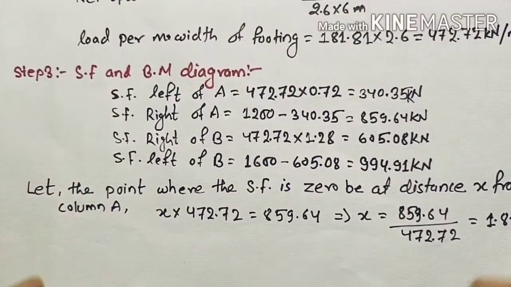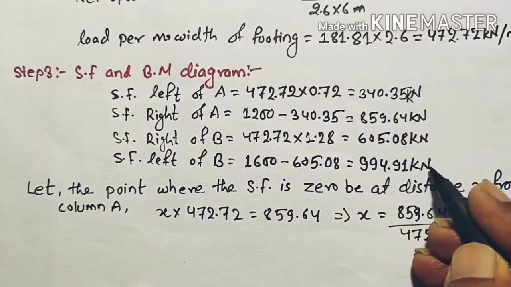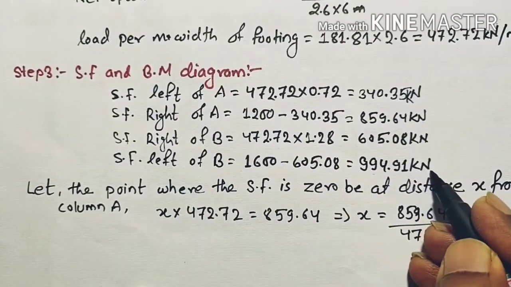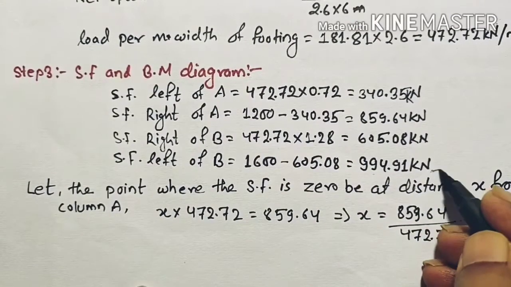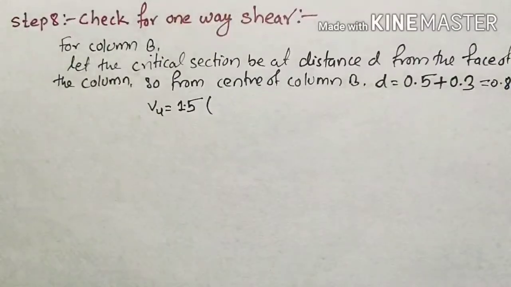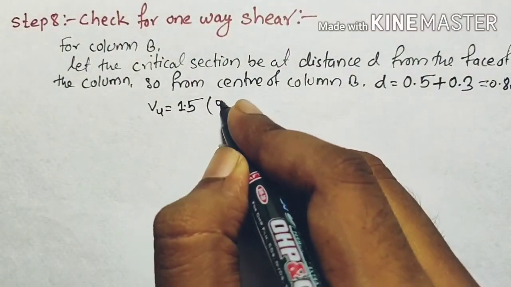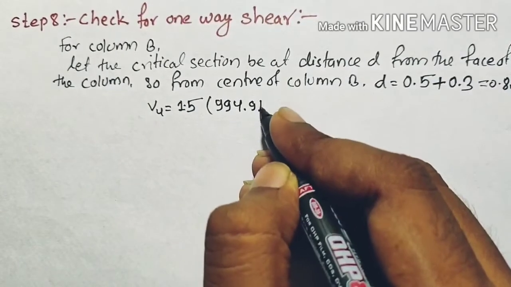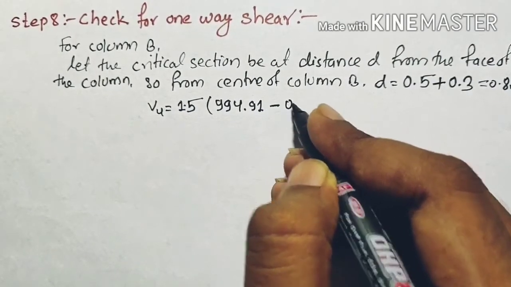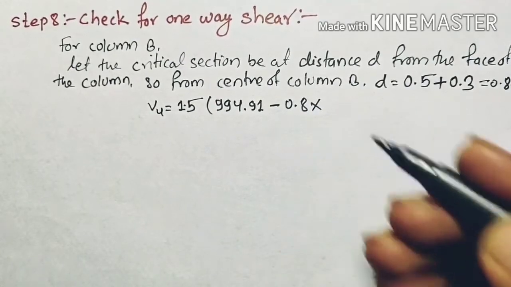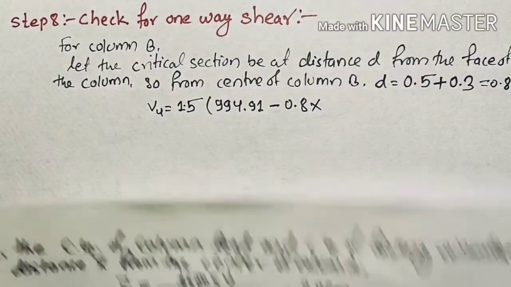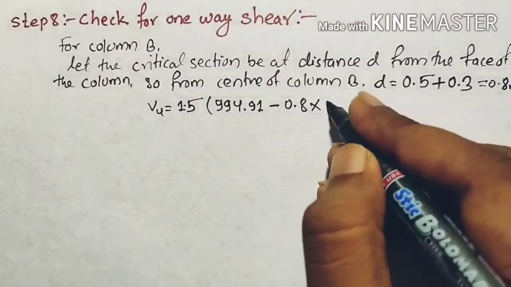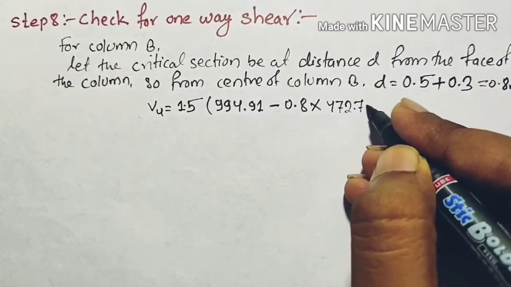Now Vu will be equal to 1.5 times. Here we have got that the shear force left of B, means this side, left of B, is 994 kilonewton, and we need to take this up to the distance 0.8 meter. So we need to subtract 994.91 kilonewton minus 0.8 times the load which is acting per meter width, 472.72.